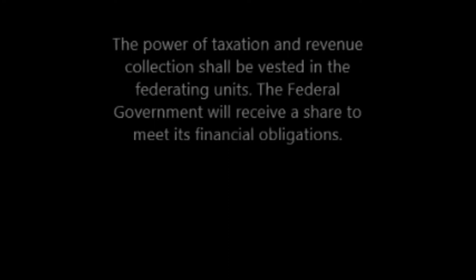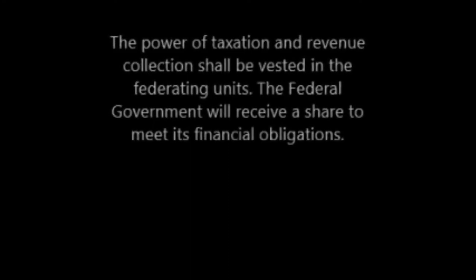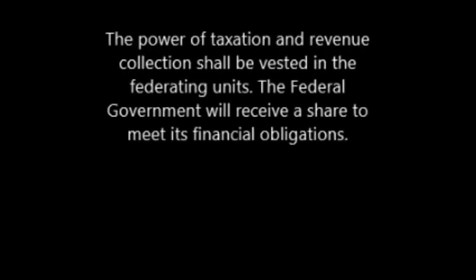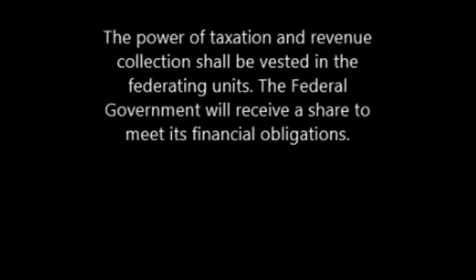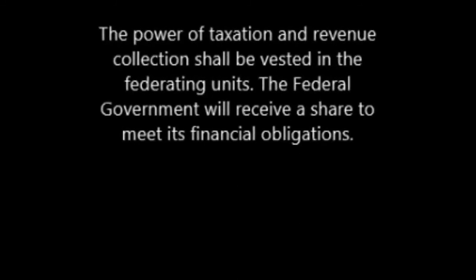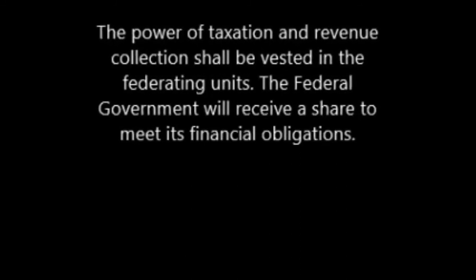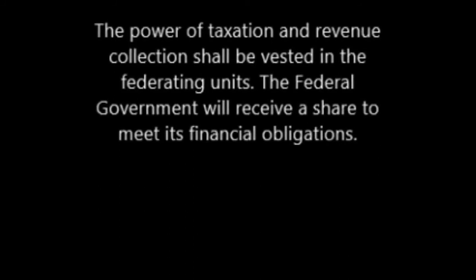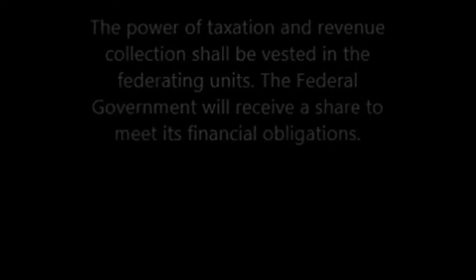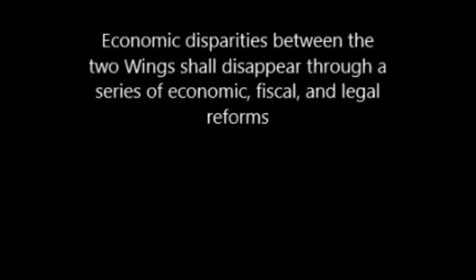The power of taxation and revenue collection shall be vested in the federating units. The federal government will receive a share to meet its financial obligations. Economic disparities between the two wings shall disappear through a series of economic, fiscal, and legal reforms. A militia or paramilitary force must be created in East Pakistan, which at present has no defense of its own.